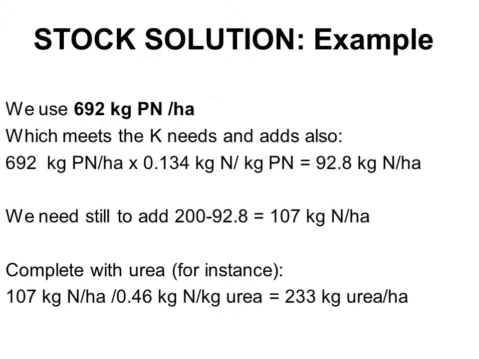So we divide 107 kilograms of nitrogen per hectare by the concentration of nitrogen in urea, and we arrive to 233 kilograms of urea per hectare. So we would need to apply 692 kilograms of potassium nitrate per hectare plus 233 kilograms of urea.